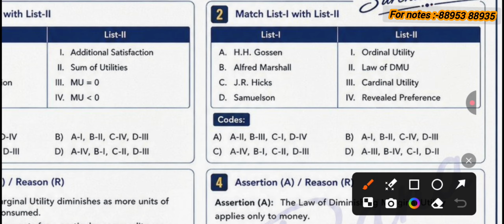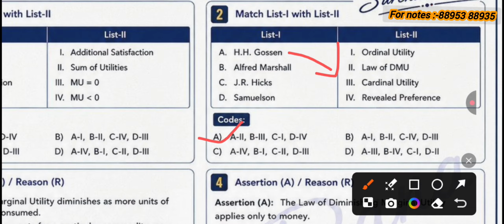Let's break the questions. Option A says that H.S. Gossen introduced the law of diminishing marginal utility, and this is Gossen's first law, and Gossen's second law is the law of equimarginal utility.